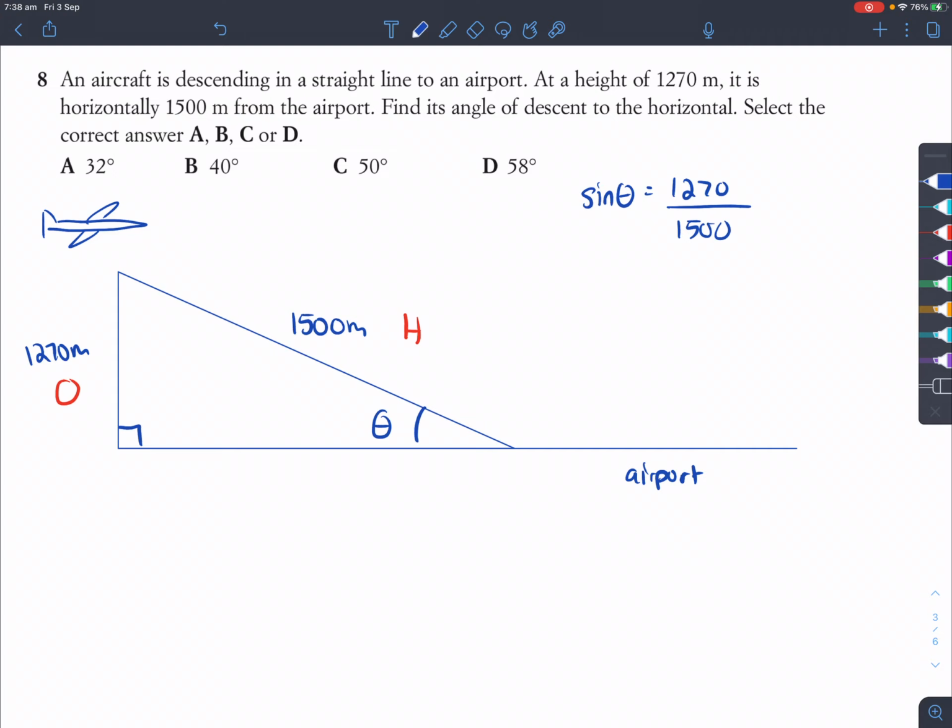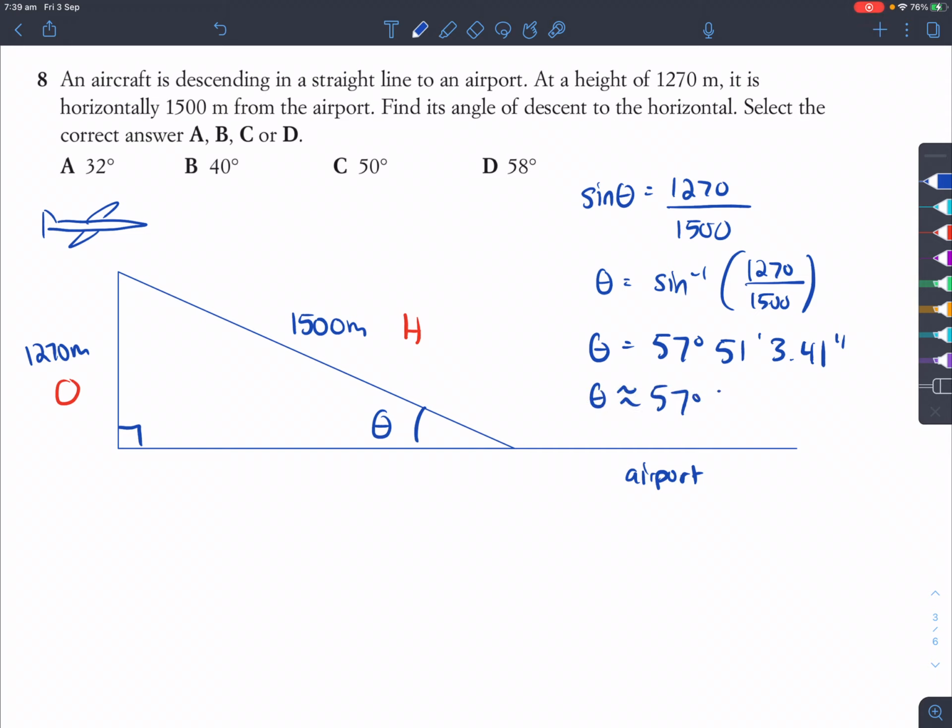Inverse sine of this, which is written this way, would be equal to 57 degrees, 51 minutes, and 3.41 seconds. Don't forget to type in that degrees, minutes, seconds button to get that. Then we round that to our nearest minute, which should be 51 minutes, because that's under 30.